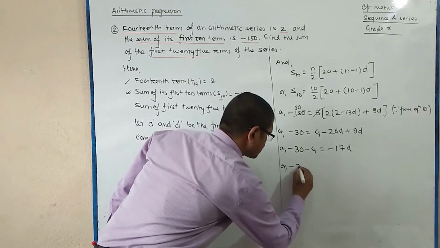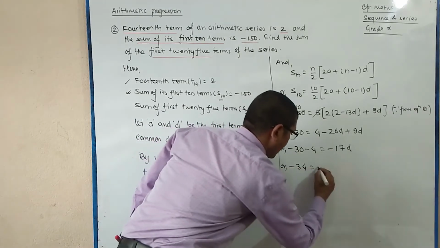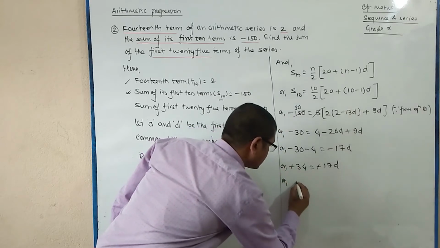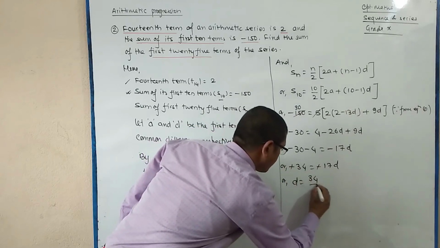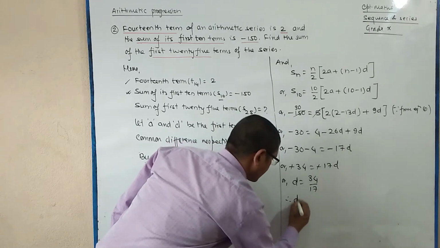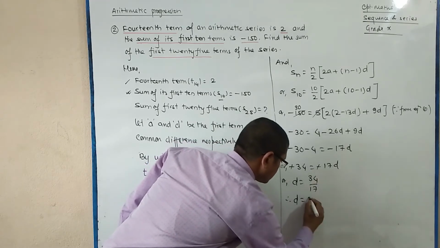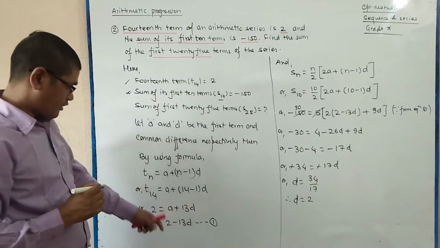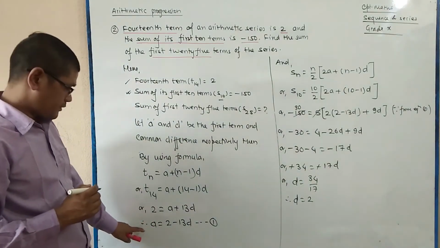Here we get minus 34 equals minus 17D, so D equals 34 by 17. Directly we can write D equals 2. We have got the value of D. Now from equation 1 we can get the value of A as well.